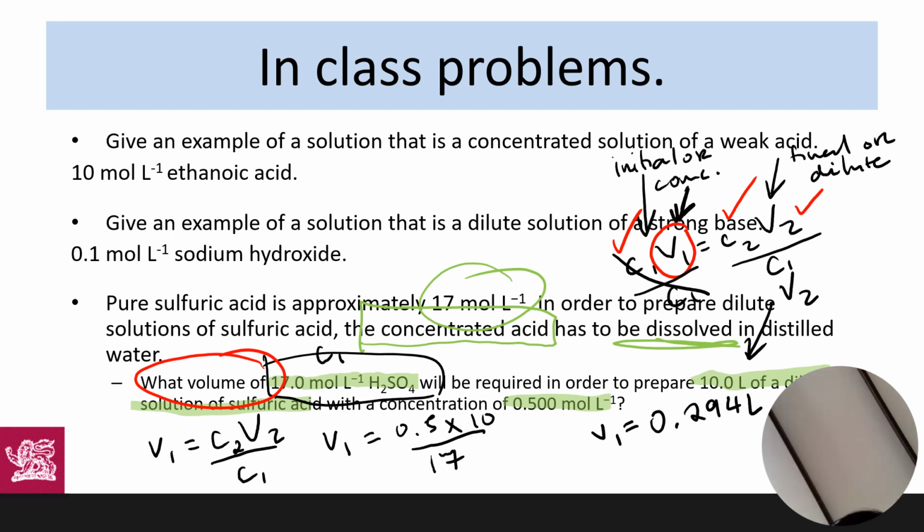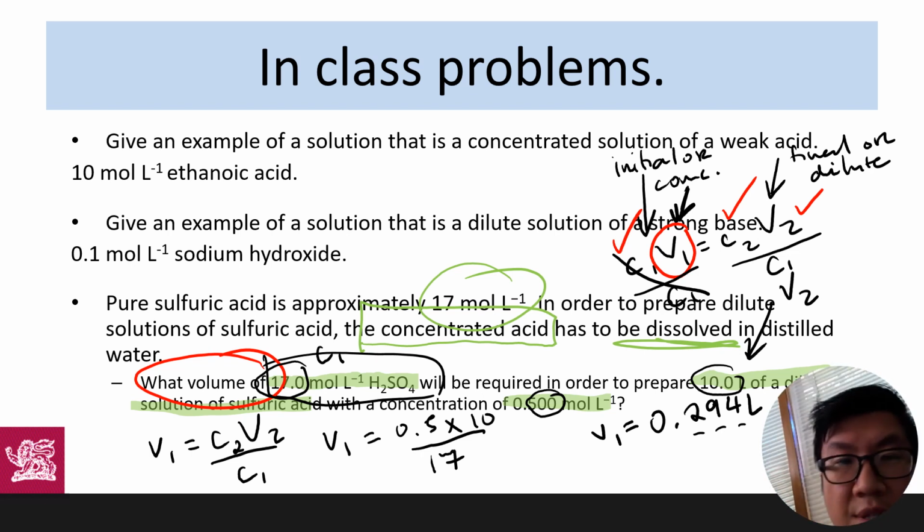Units are important, and you'll notice there I used 3 significant figures, and that's because the question is using 3 significant figures in all of its values. The more important part is the least number of significant figures being used in that question, so therefore that's the one I'm sticking with for my answer.